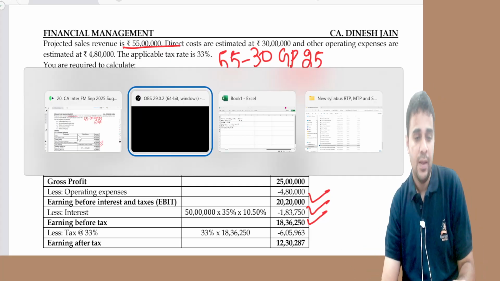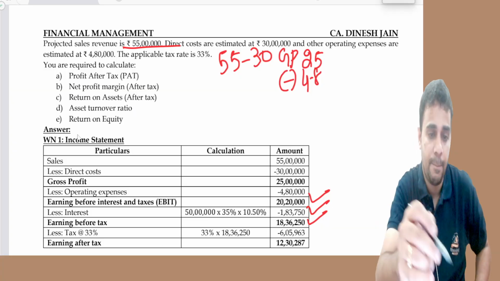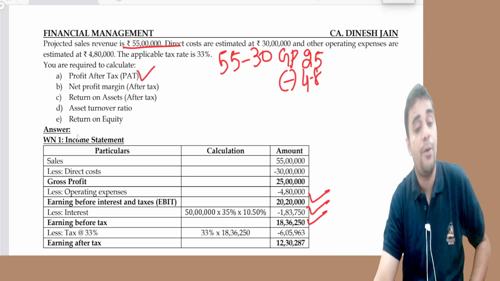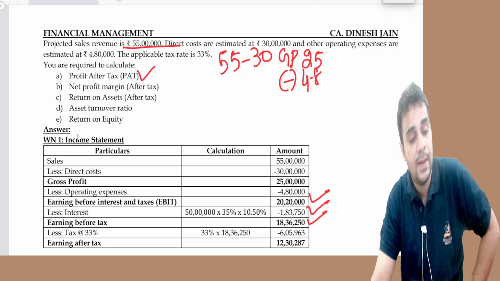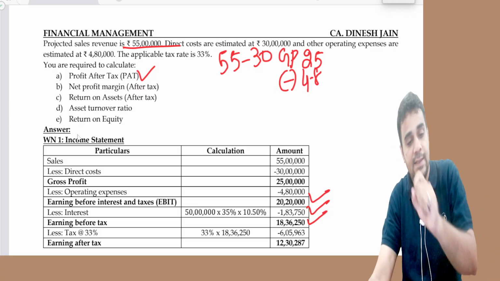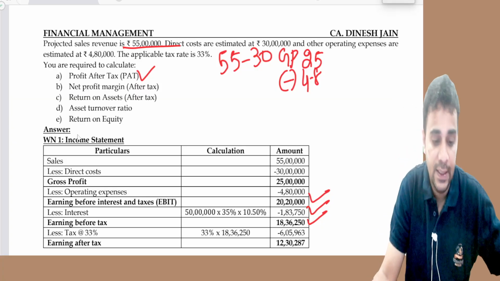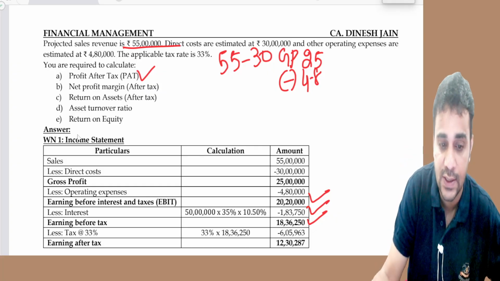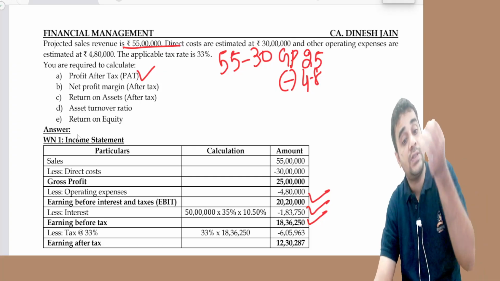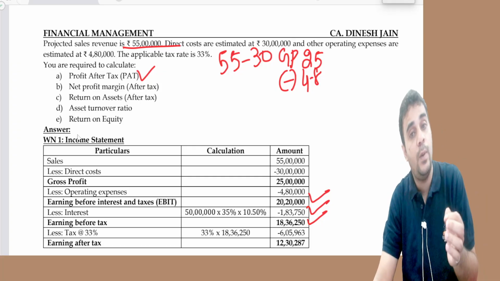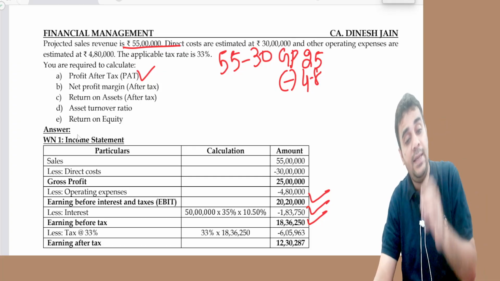Tax rate is 33% and earning after tax. Straightforward question. The question has asked for profit after tax, net profit margin, EAT by sales into 100. Return on asset is EAT by total asset. Total asset is 50 lakh. Asset turnover ratio, sales by asset. Return on equity, EAT by equity. What is equity?